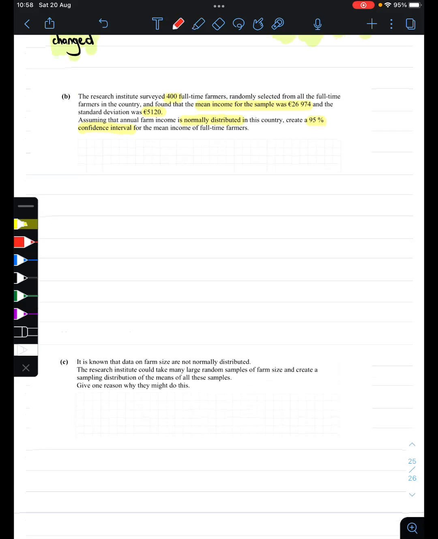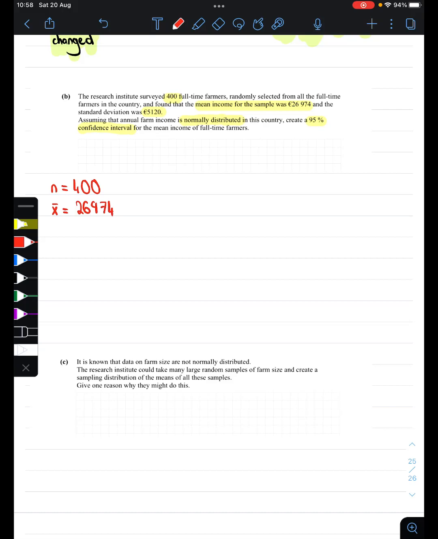So a sample size of 400, so our n equals 400. A sample mean, not a true mean, of 26,974, and a standard deviation of 5,120.